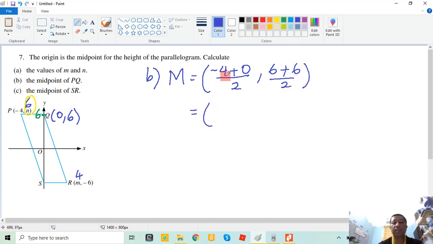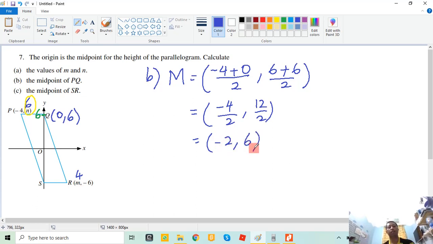So negative 4 plus 0 is negative 4, divide 2. 6 plus 6 is 12, divide 2. And the answer midpoint for PQ is negative 2, 6. And this is the answer for question B.